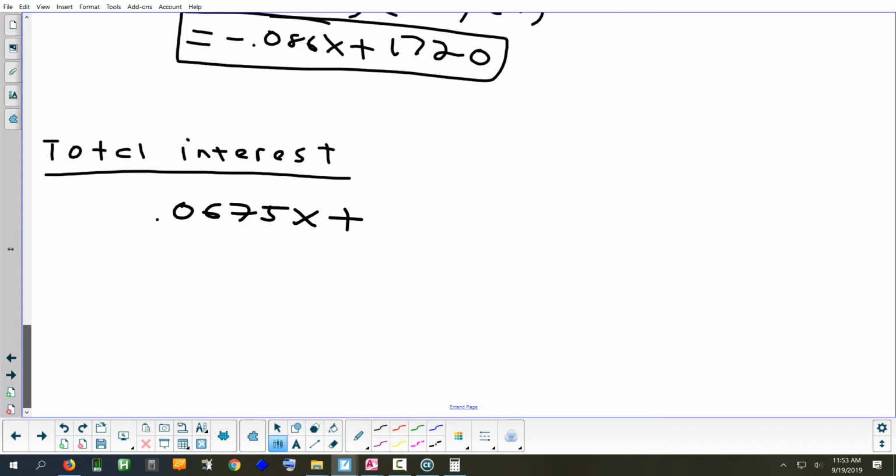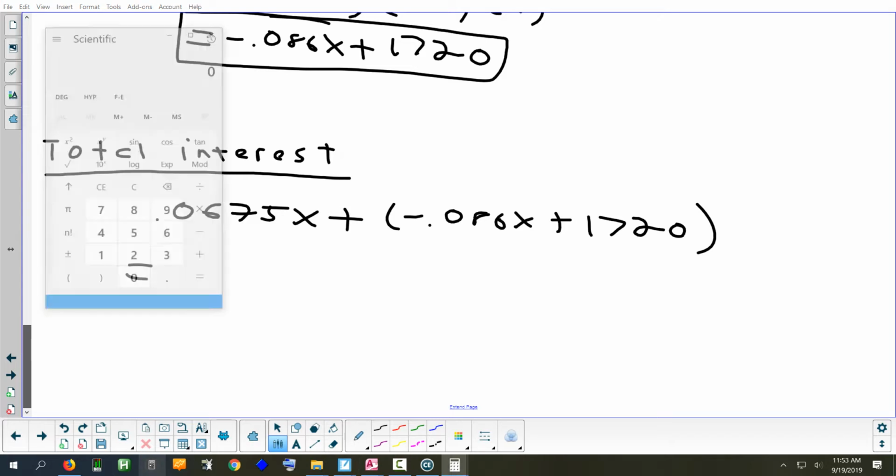The interest from the second investment, negative 0.086x plus 1720. Do I have any like terms I can add together? Okay, yeah. The x's. Yeah, we can add the x's.